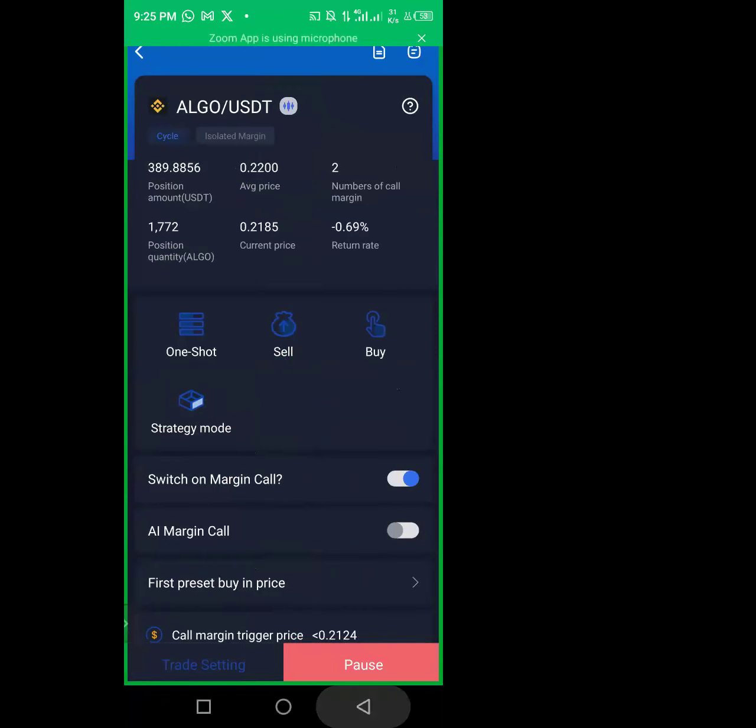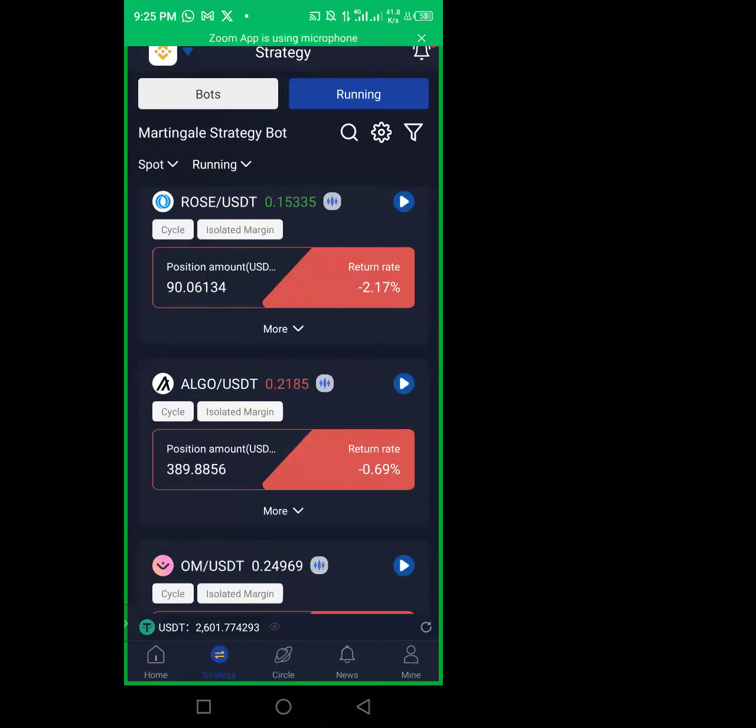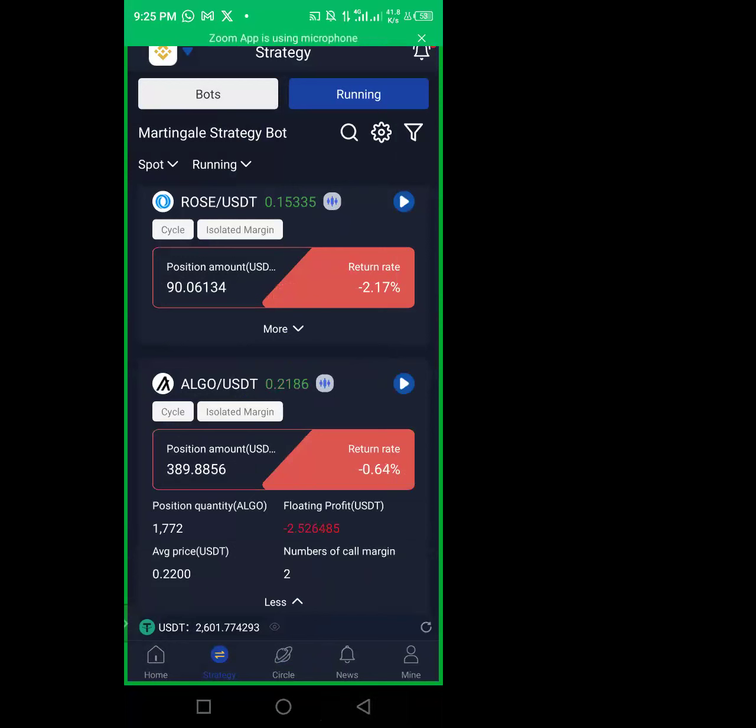And now, if I was to make small money before, my floating profit will be higher once it recovers. So you see, if this coin now increases to plus 0.64, my floating profit then will be $2.52. Before it reaches my take profit, which is 2%, I must have gotten either $7 or $8 profit from just this trade.